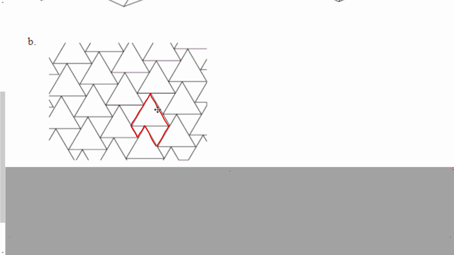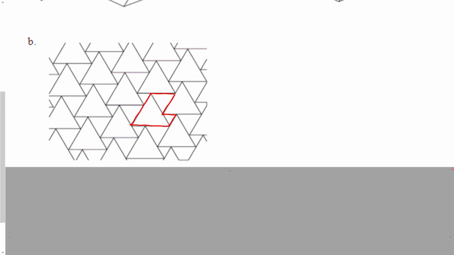But this would also have rotational symmetry because if I took this shape and I rotated it, I could, and again, I just went clockwise, let's go counterclockwise like we typically do. I could rotate it a certain number of degrees that would have everything still match up.